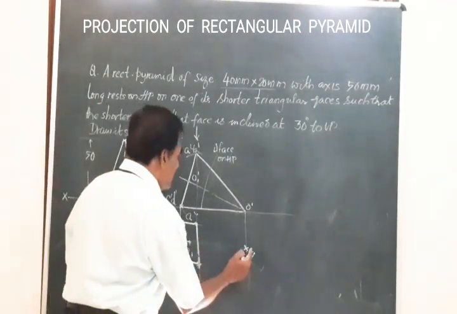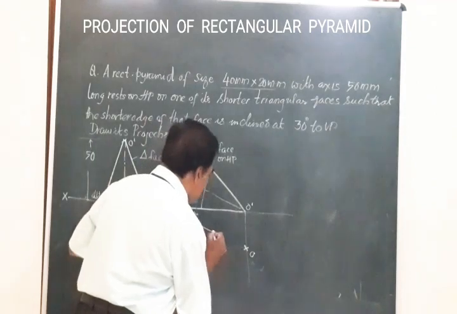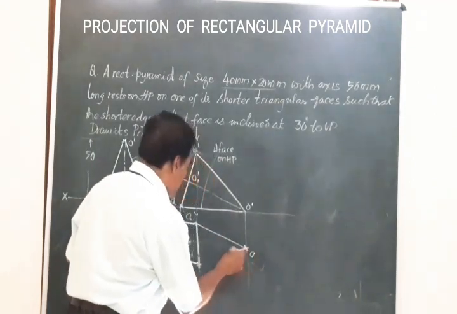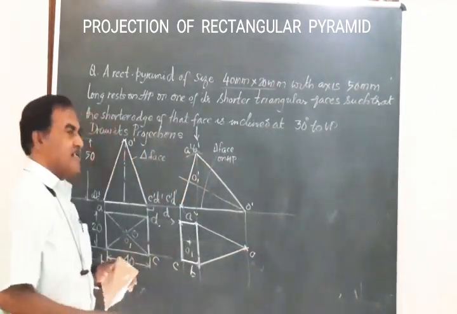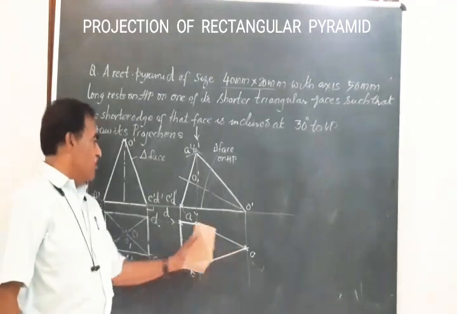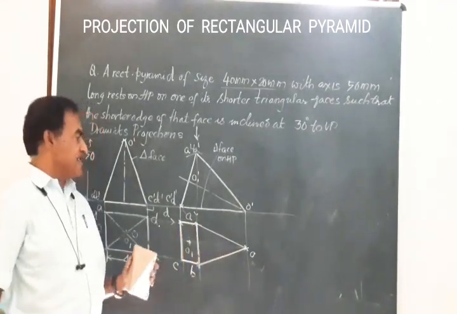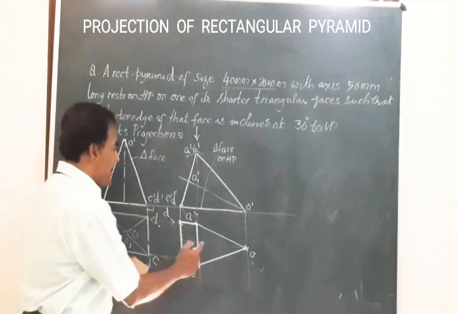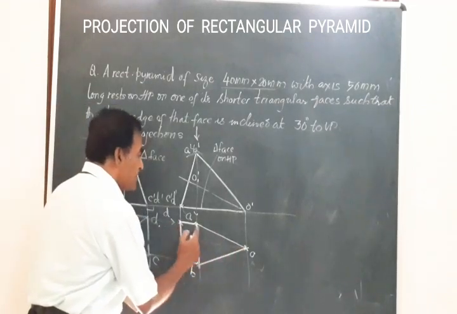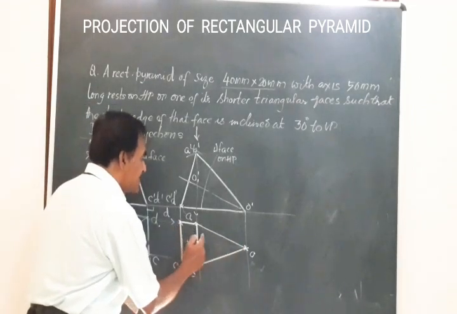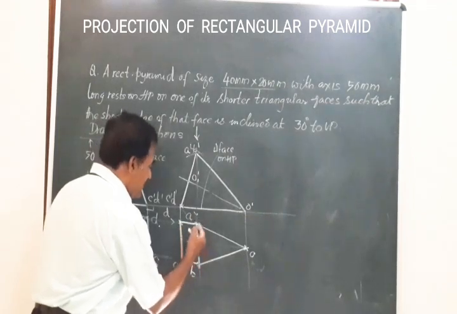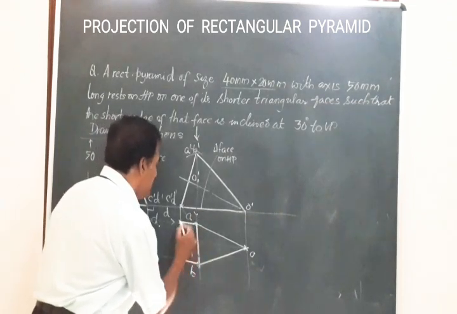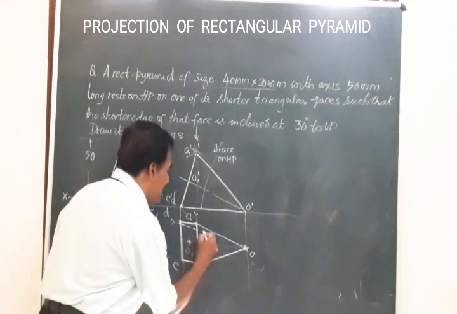I will join O to A, so this is one slanted, O to B, second slanted. I have to finally join O to D and O to C. You know very well, while joining O to D, this OD intersects AB. So since this is already a visible line, this has to be a dotted line.